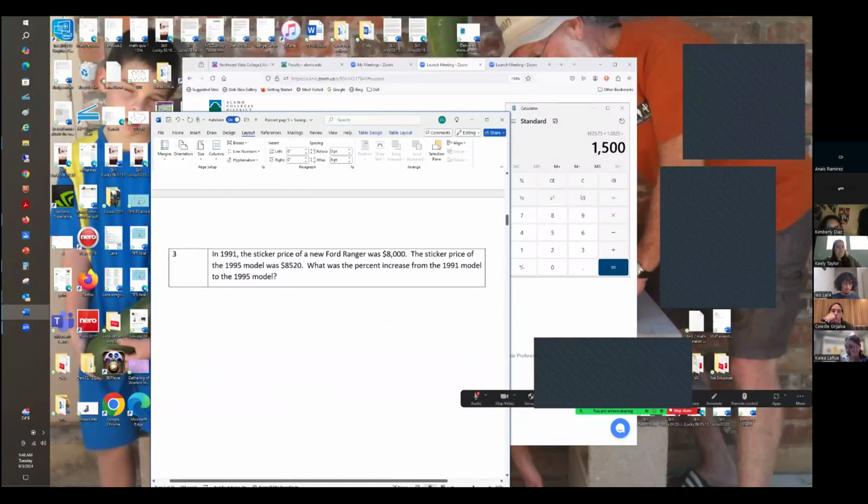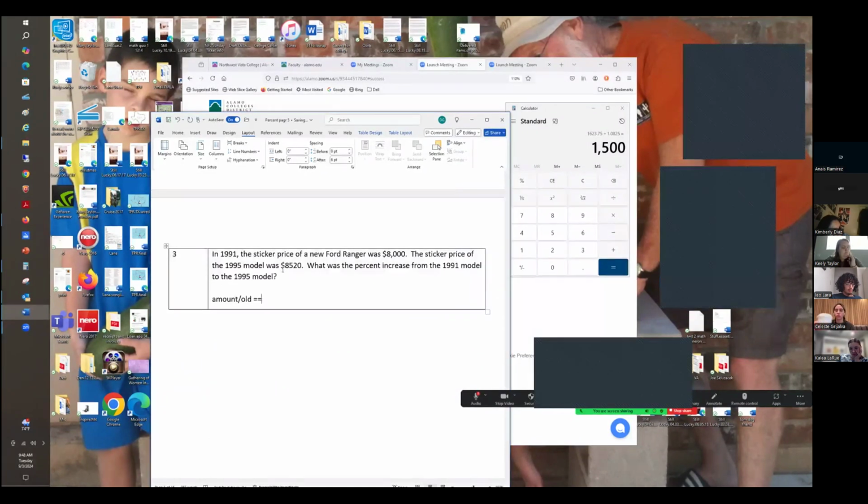All right, now when you have a percent change, the price is either going to go up or down. If it goes up, that's a percent increase. If it goes down, it's a percent decrease. Either way, you take the amount of change and divide it by the old price. So what's that going to be? Well, the amount of change, it went from 8,000 to 8,520. So 8,520 minus 8,000. Well, that's pretty easy. That's 520. And then guess what?